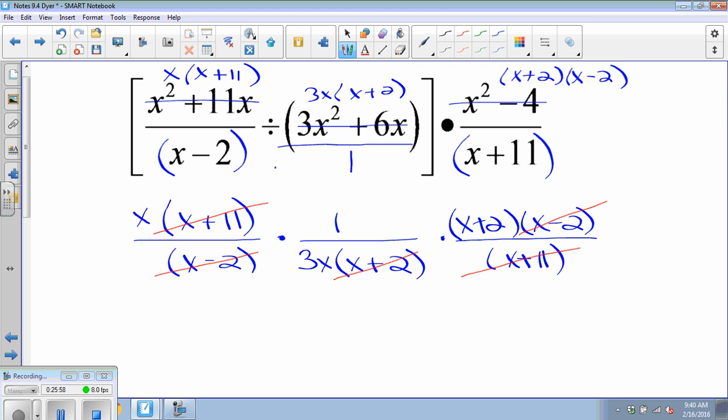X plus 2 can cancel with x plus 2. Now, if I stopped right here and I multiplied, I would end up with x over 3x. The x's can cancel because this is 3 times x. This x and this x. So now you're only left with 1/3.